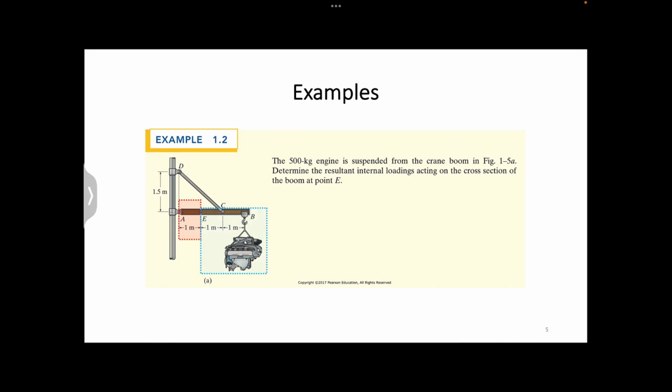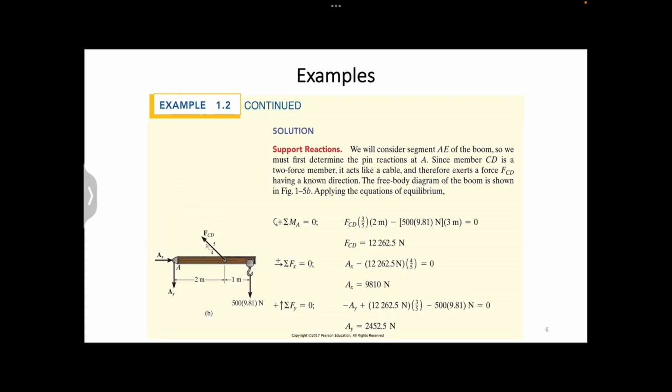That means we will have to plot the free body diagram for the entire boom, regardless of whether we consider the segment AE or segment EB. Now we will discuss the solution, assuming we proceed with the left segment.